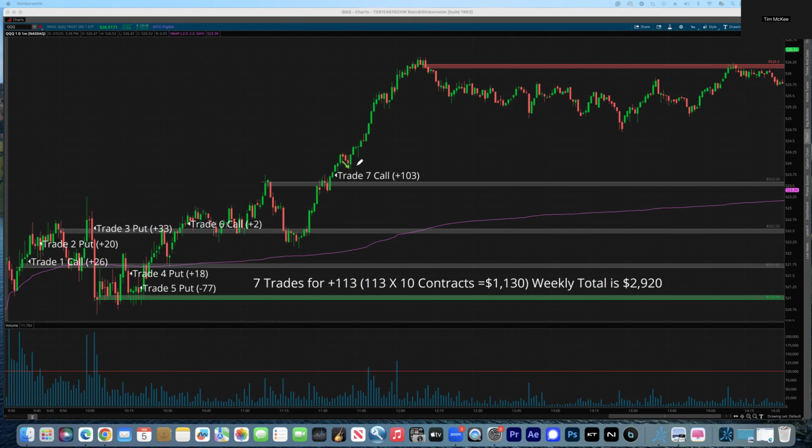We did not get a lower pivot point there before this started higher. We did get another pivot point here, and that's a pivot low, and that signaled another change, but instead it went higher. We have a pivot point up here, which pointed to a reversal, and so on.